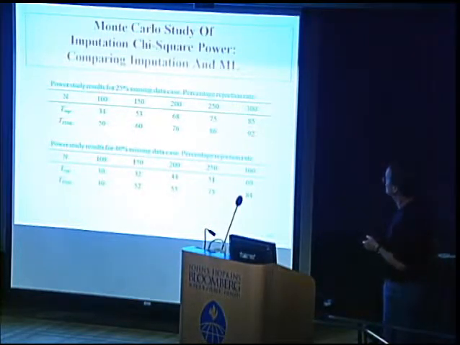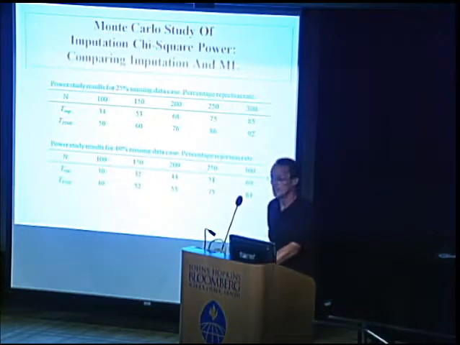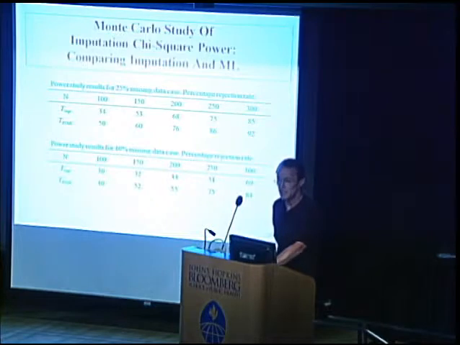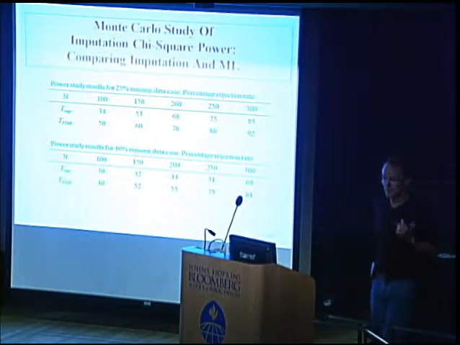Power, what about that? Well, for power, we have now the possibility of comparing Bayesian multiple imputation and ML. That is, if you have missing data, you could do a maximum likelihood estimation, right? Under MAR.